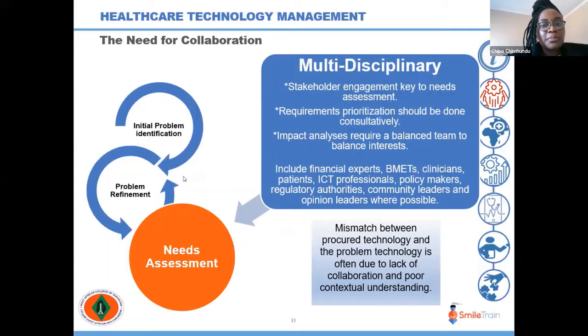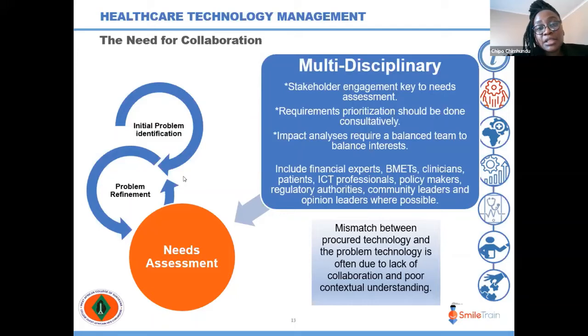So what we mean by collaboration or multidisciplinary is we need to include the right people for solving the problem. Generally, a team would consist of your financial experts, of course, who will help us with the right budgeting, your biomedical engineering technicians, which are sometimes missing from this problem or needs assessment.